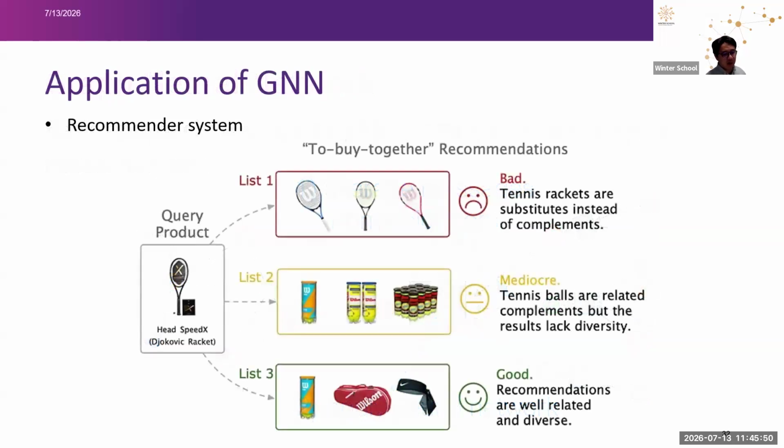One particular example application is the recommendation system. I know you guys shop all around Amazon, so you probably wonder why items I'm interested in pop up every time I click the screen.